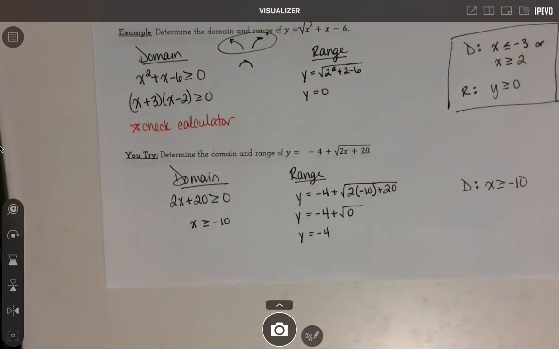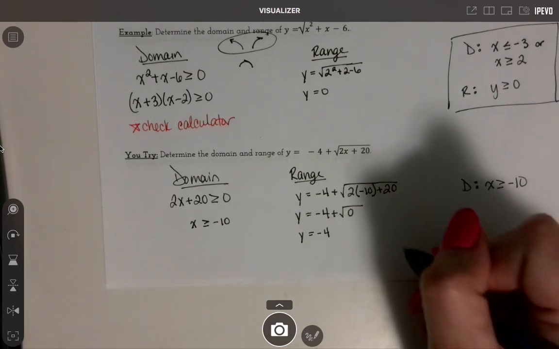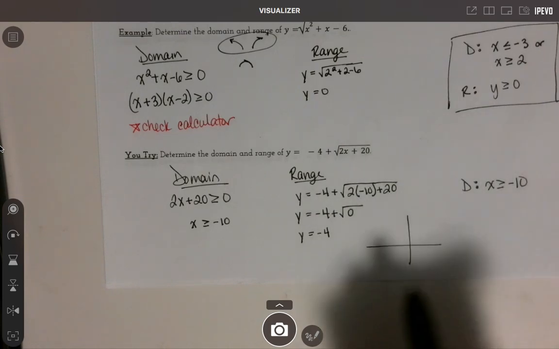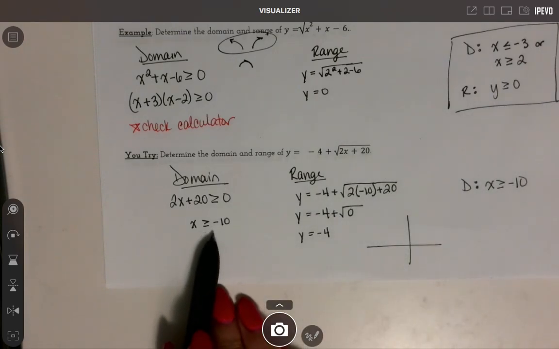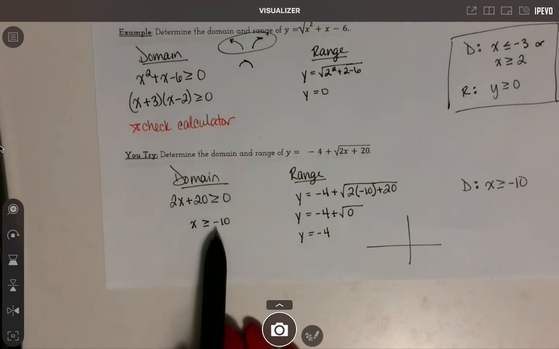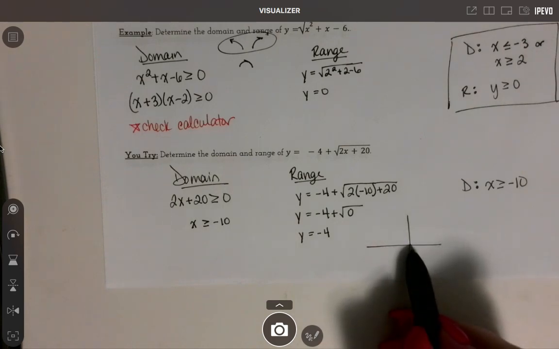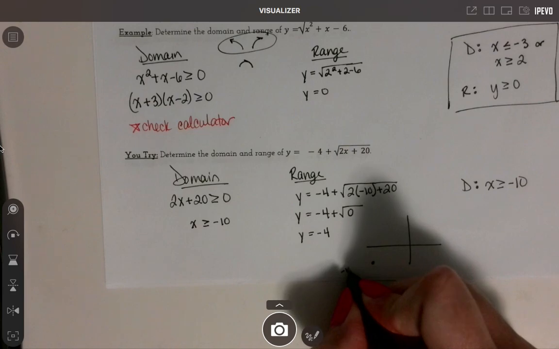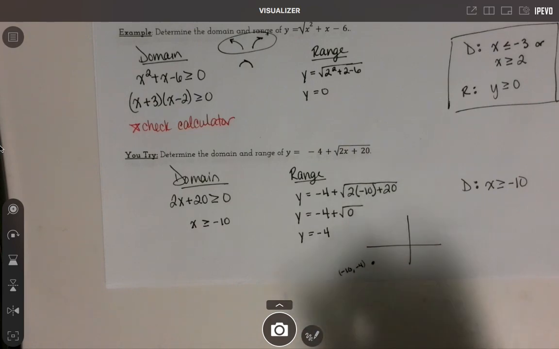So as of right now, I can visualize what's happening even before I type it into my graphing calculator. If I have a coordinate plane, I know that my dot for my radical is at -10, -4. This is not drawn to scale. So that's that point.